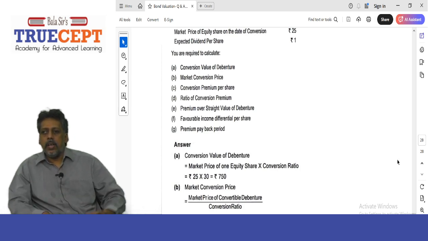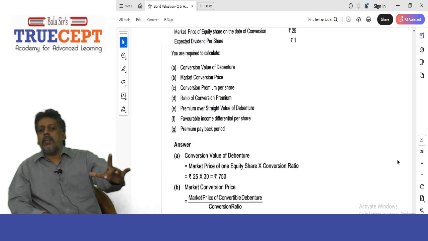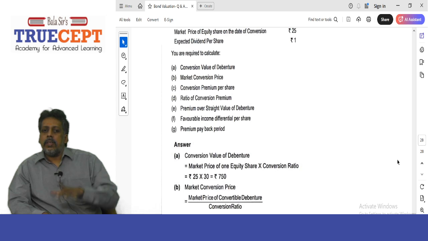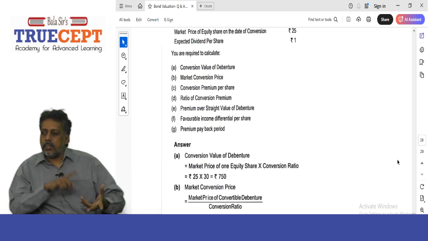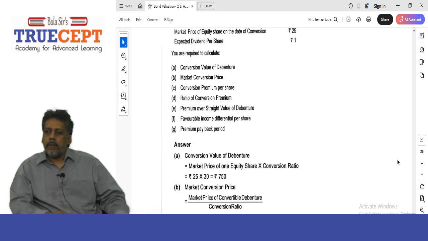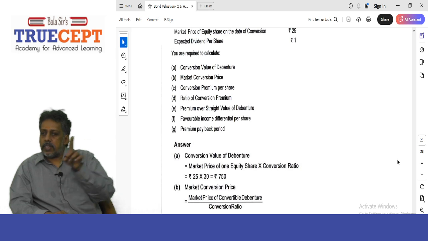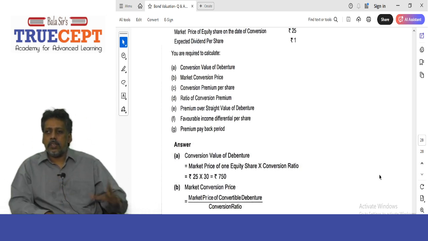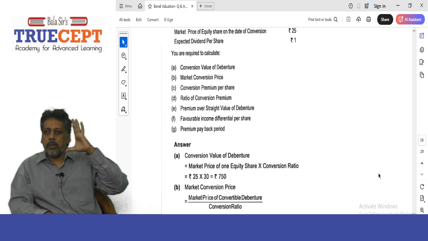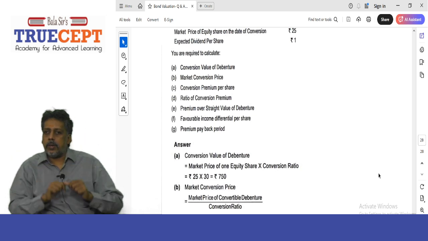Very simple. Every bond will give you the right to buy how many shares? 30. 30 shares. That is the conversion ratio you take. And every share is currently trading for how much in the market? 25 rupees. Multiply. That's it. 30 shares into rupees 25 per share. How much you get? 750.